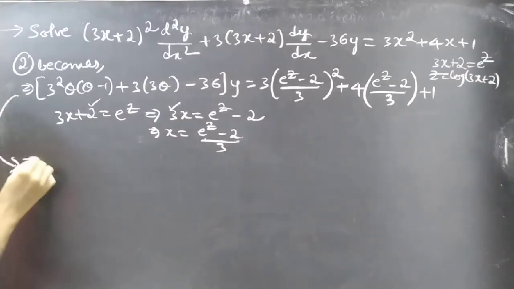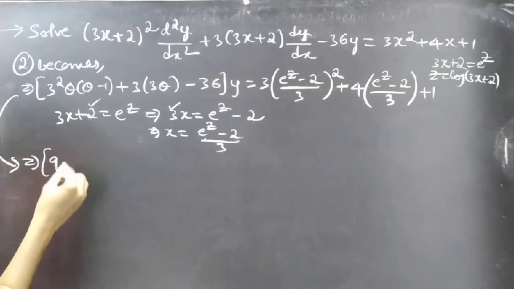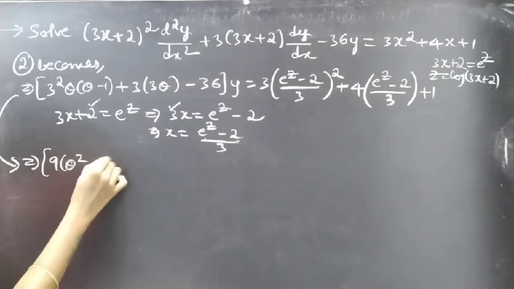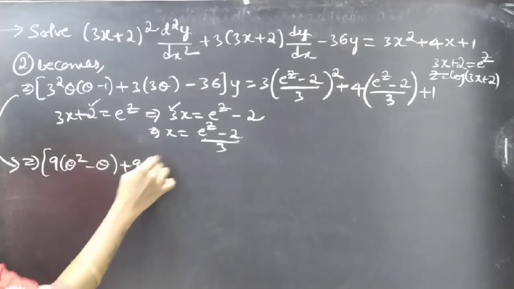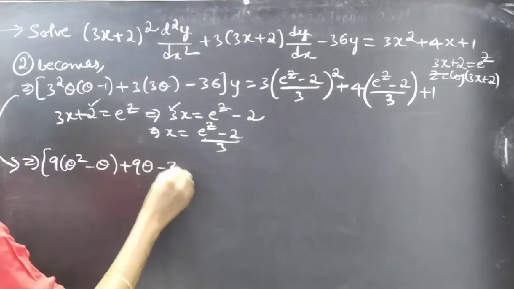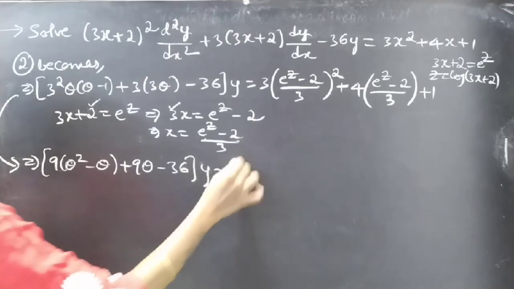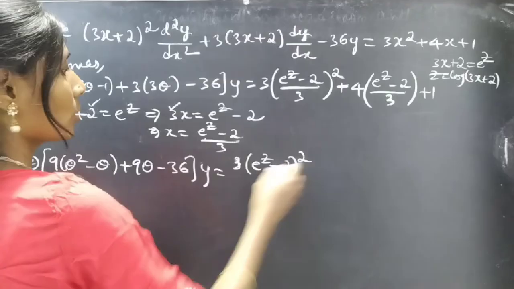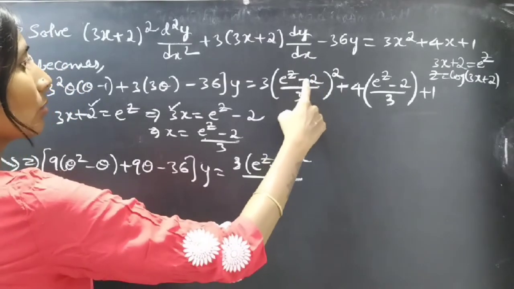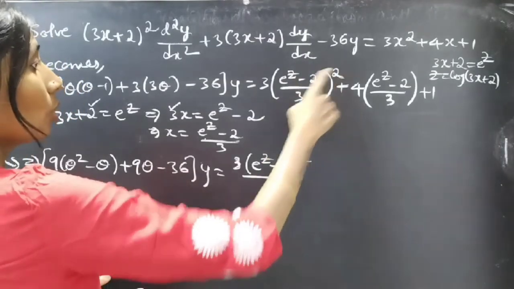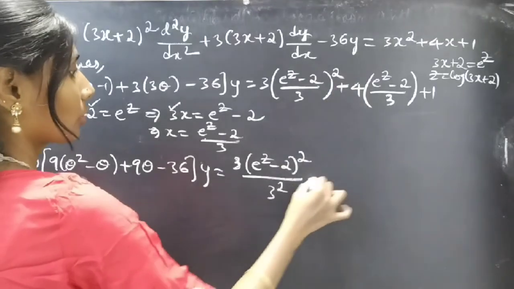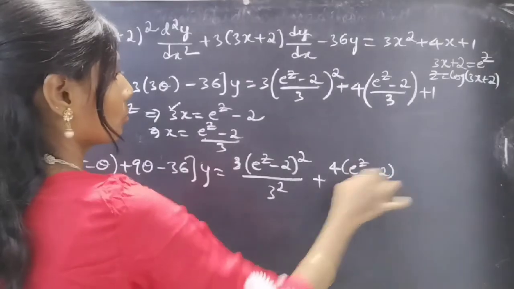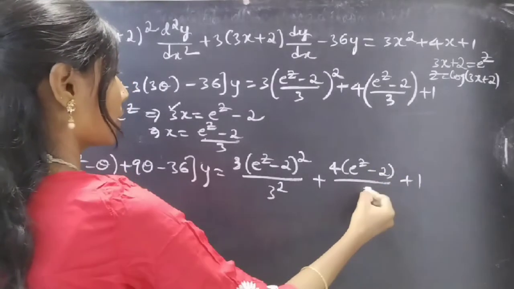This becomes 3² is 9. Theta(theta−1) is theta² − theta, plus 9 theta. 3 into 3 theta is 9 theta, minus 36, into y equal to 3 times (e^z − 2)². You can just split this as (e^z − 2)²/3² + 4 times (e^z − 2)/3 + 1.